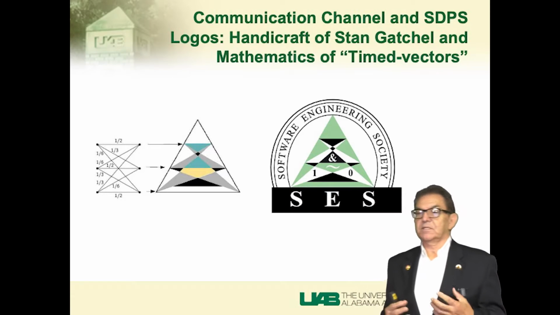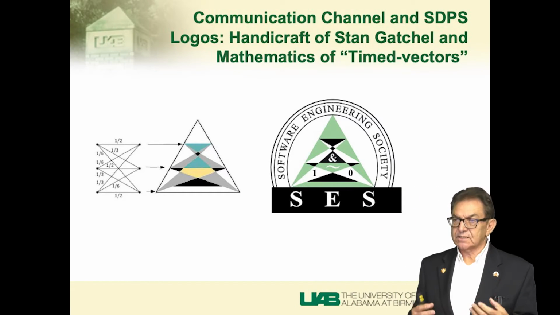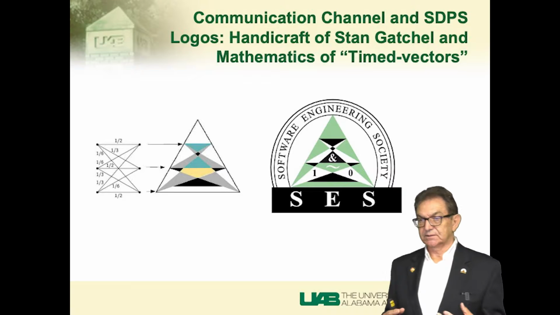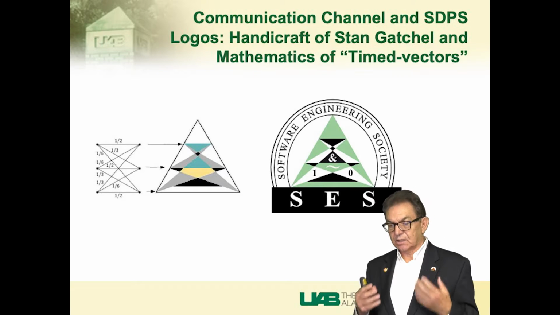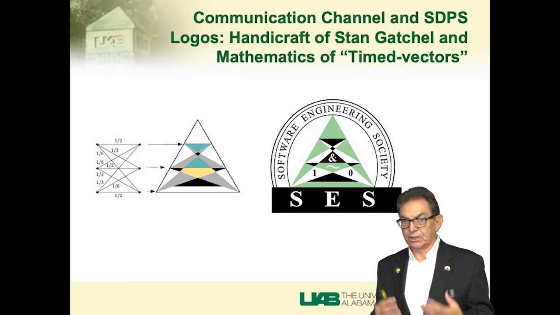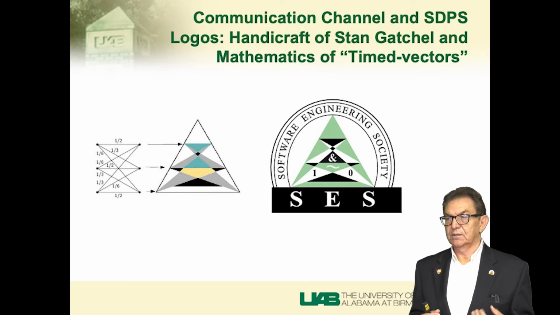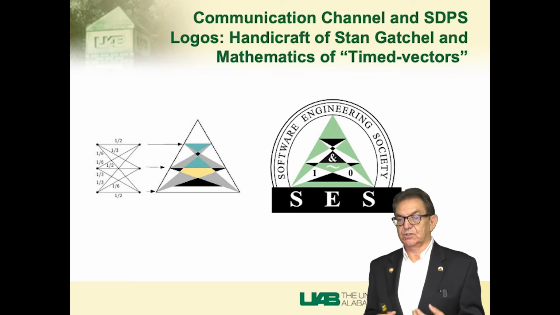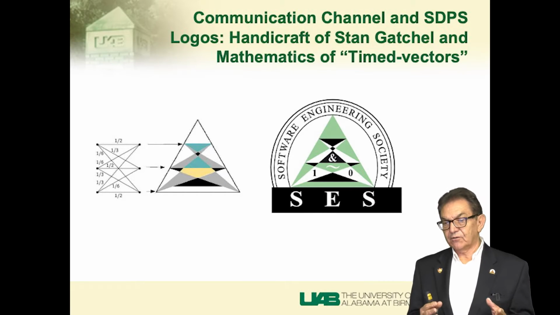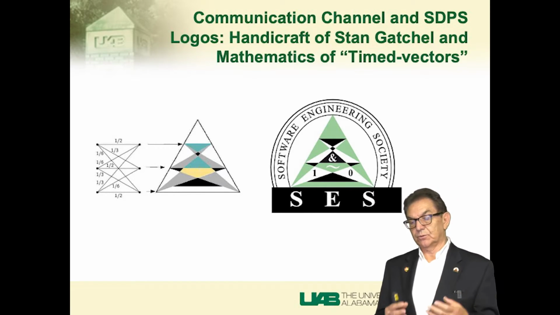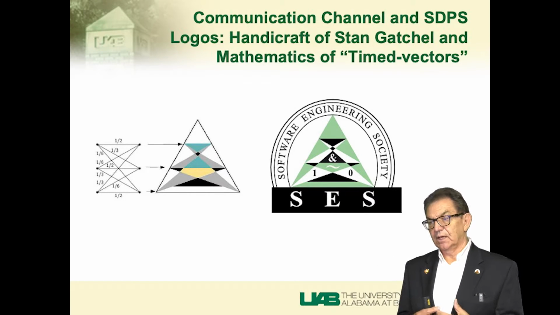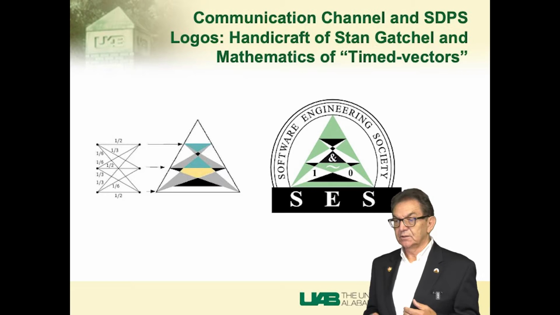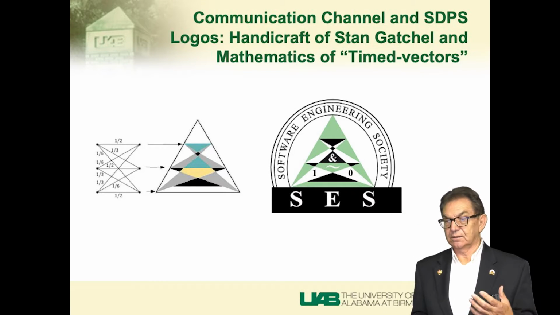The mathematical aspect of this rests in the communication channel. The communication channel is a concept developed by Shannon in information theory, and the SDPS logos are based on this channel concept. On the left, you see Shannon's communication channel diagram stylized inside the triangle and then eventually turned into a software engineering society logo, which is a society inside SDPS.